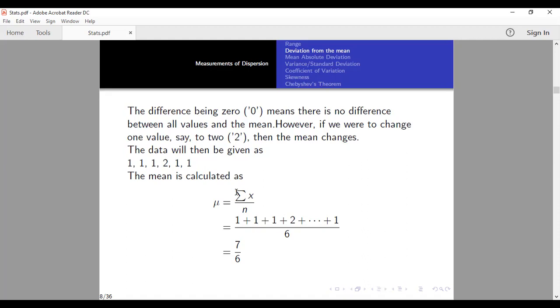It doesn't mean it's a bad one, because when you look at the mean to be 1.2, we expect values to be around 1, not necessarily 1 as we see in the data, but somewhere around 1, maybe 2, maybe slightly above 2. That's why the mean is supposed to give us an expectation of the type of data we are supposed to receive.